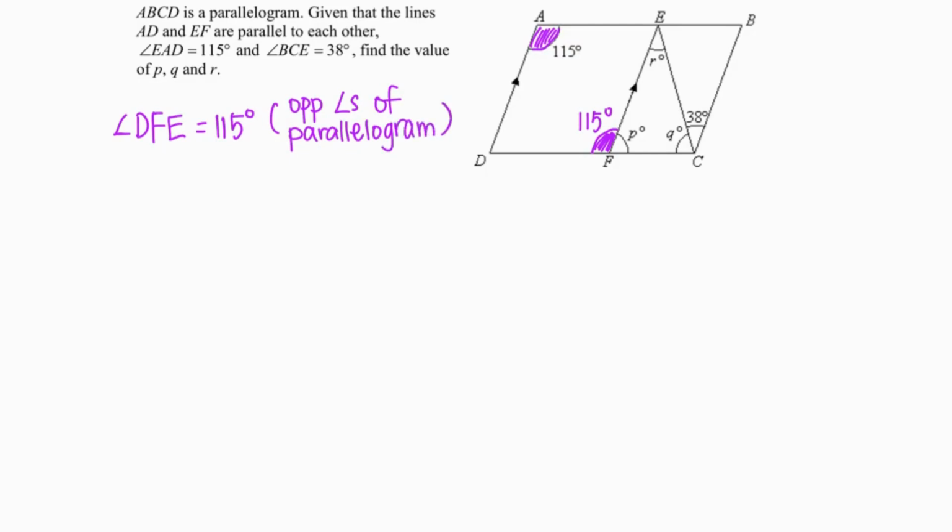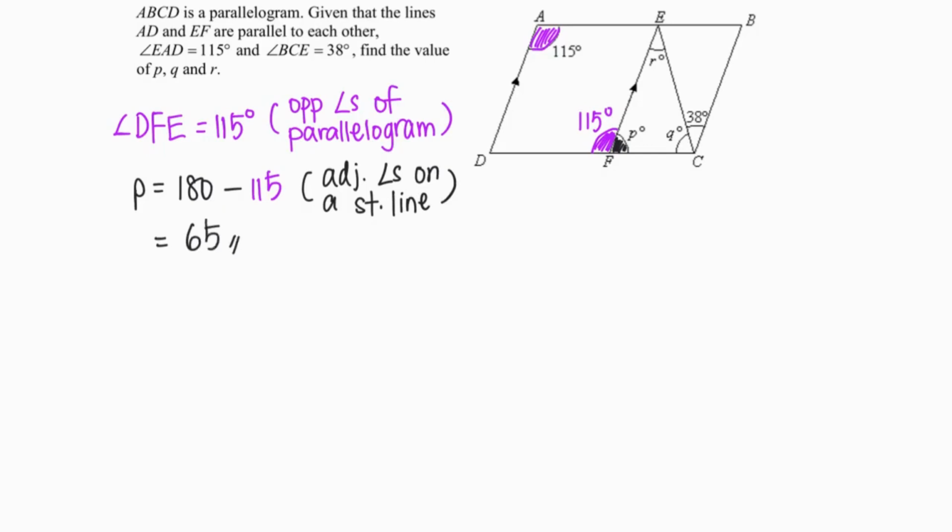And therefore, I will be able to get my P immediately. The value of P will be equal to 180 minus 115, adjacent angles on a straight line. So this will be equal to 65. That's the value of P.